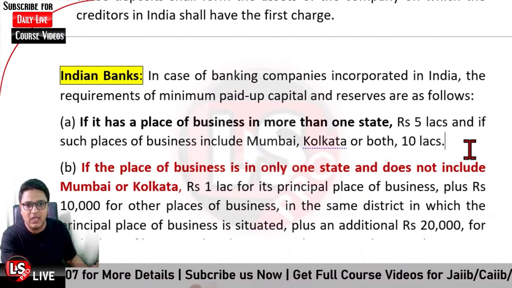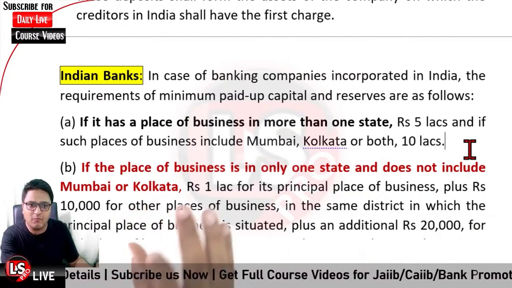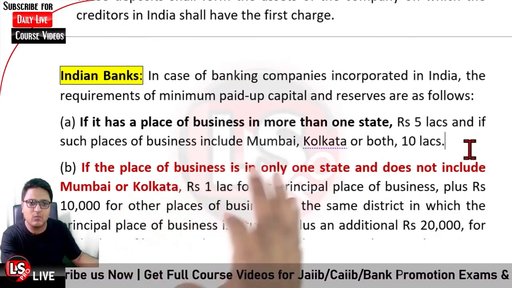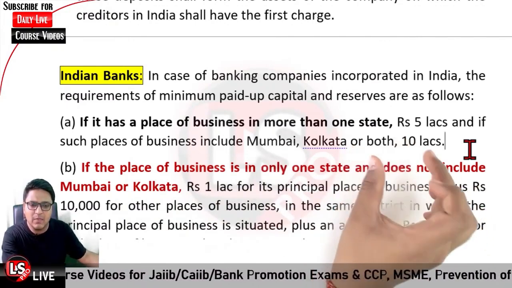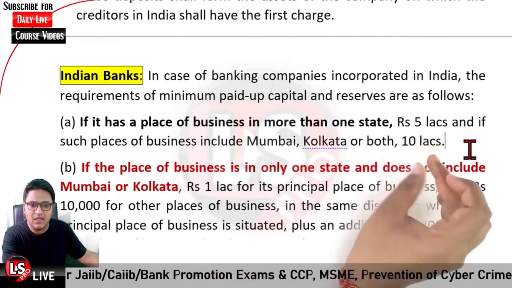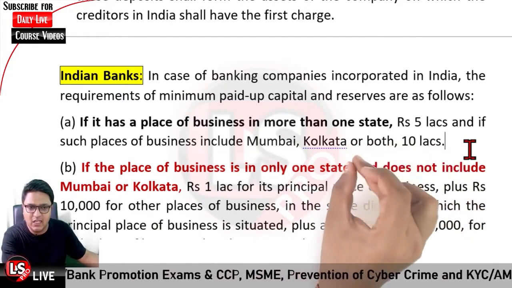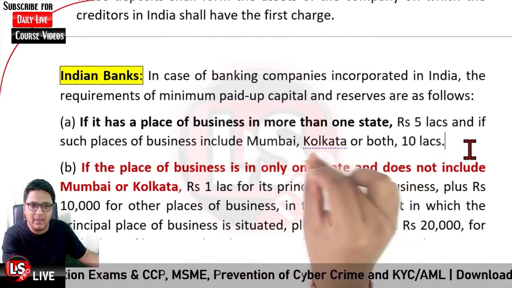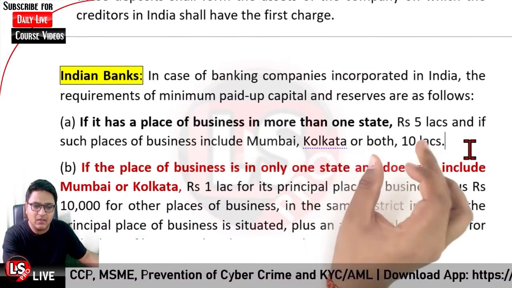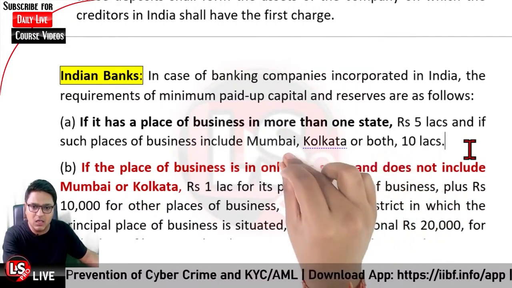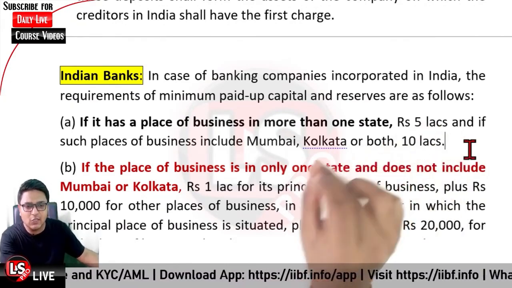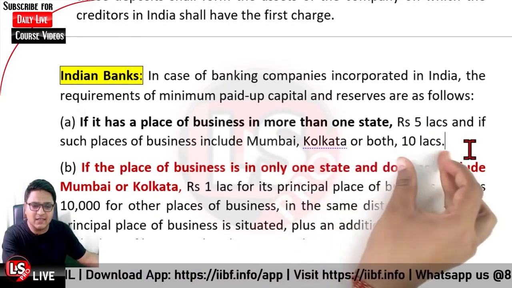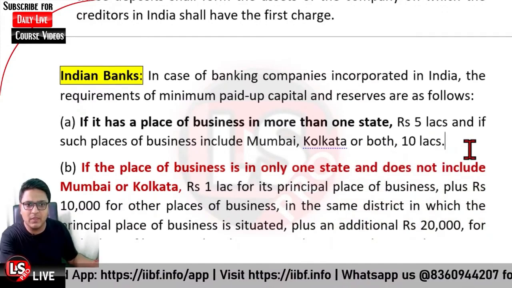And further, if it has a place of business including places like Mumbai or Kolkata or both, in that case the minimum paid up capital and reserve requirement is 10 lakh. So if a multi-state Indian bank is operating in states other than Mumbai or Kolkata, it is rupees 5 lakh, and if it is also operating in Mumbai, Kolkata or both, in that case the minimum requirement is rupees 10 lakh.